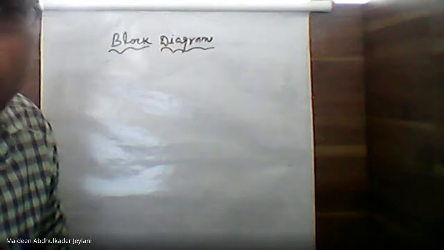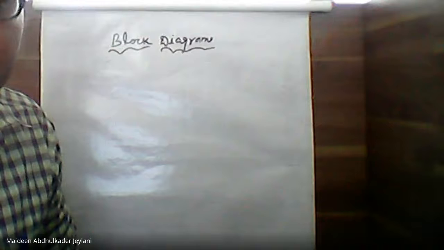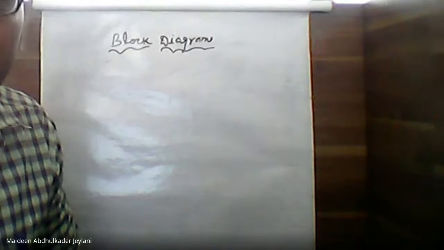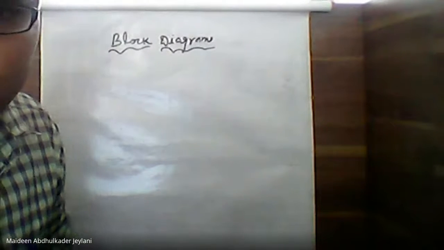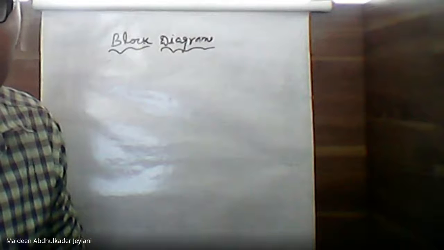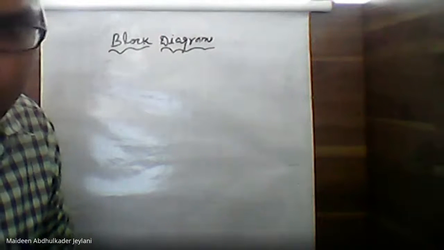A block diagram of a system is a pictorial representation of a function performed by each component and the flow of signals.